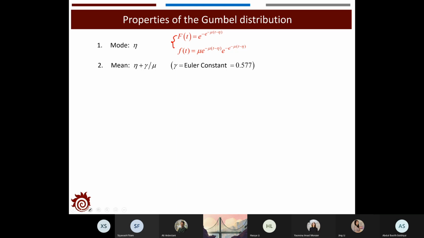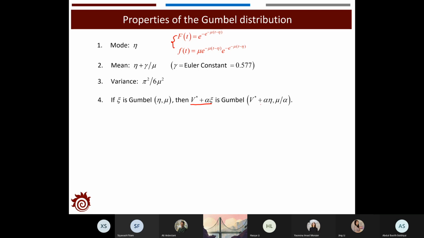So the mean is only determined by the two factors, eta and mu. And also we can find the variance. The variance is pi squared divided by 6 times mu squared. There's another quite useful feature of the Gumbel distribution. If epsilon follows the Gumbel distribution with parameters eta and mu, then the linear transformation v star plus alpha times epsilon is also a Gumbel distribution.